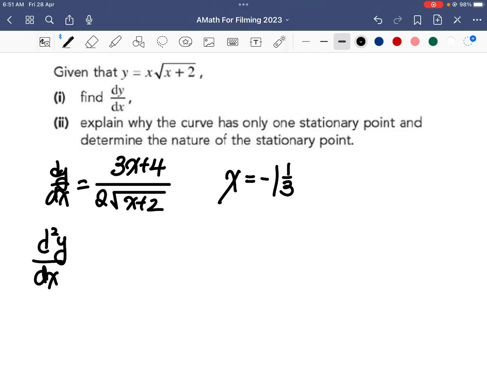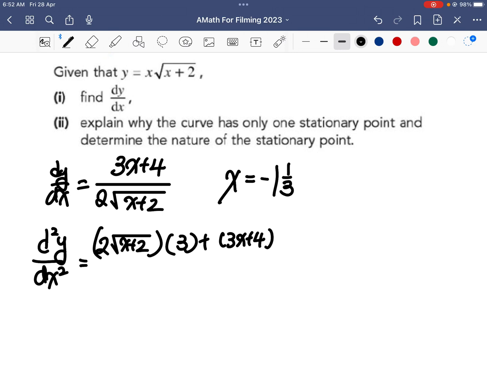If I differentiate one more time, I need to apply the quotient rule. Applying the quotient rule, we get v du/dx plus u dv/dx over v squared. So we get v times du/dx plus u times dv/dx.